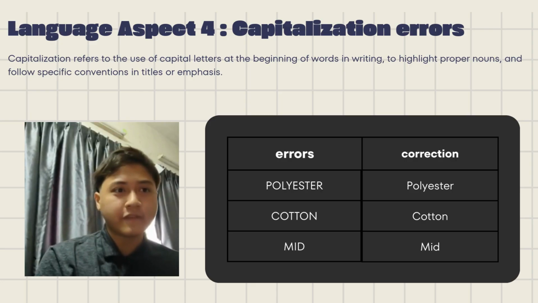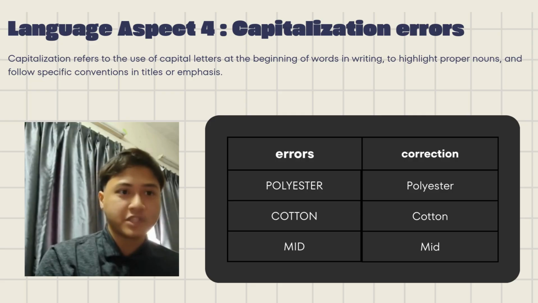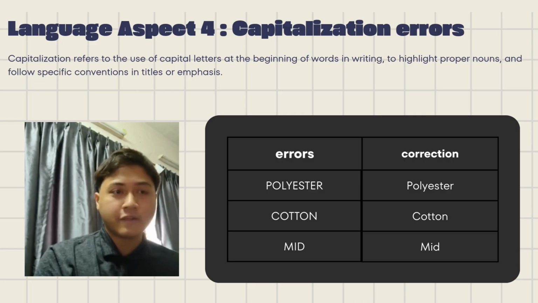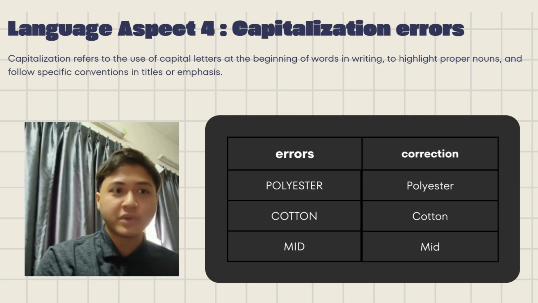Hi, my name is Afif and I will be explaining the fourth error, which is capitalization error. Capitalization error refers to the use of capital letters at the beginning of words in writing to highlight proper nouns and follow specific conventions in title or emphasis. In this product description, I have found 3 capitalization errors shown in the table. The first one is polyester, the second one is cotton, and the third one is made.